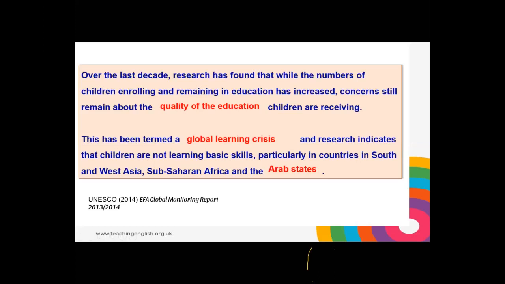You are going to see from the report that the quality of education is not as high as we think, and the children are not actually receiving the skills that they need nowadays, which resulted in what we call a global learning crisis, or a big problem, which indicates that the children are not actually learning basic skills they need, as we said.